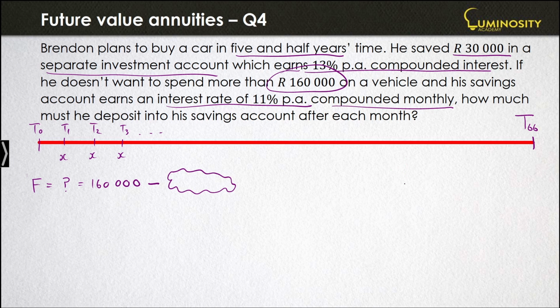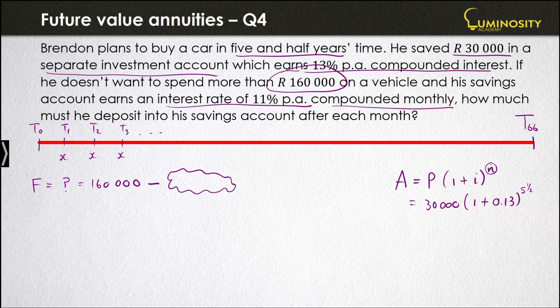So what's happening on the timeline here is that he's going to have an accumulated amount of P times (1 plus i) to the n, where P is the 30,000 Rand he invests into the separate account. The interest rate is an effective interest rate because it's compounded per annum, so it's 0.13, raised to the power n, which is 5.5. N is 5.5 here because that is dealing with years.